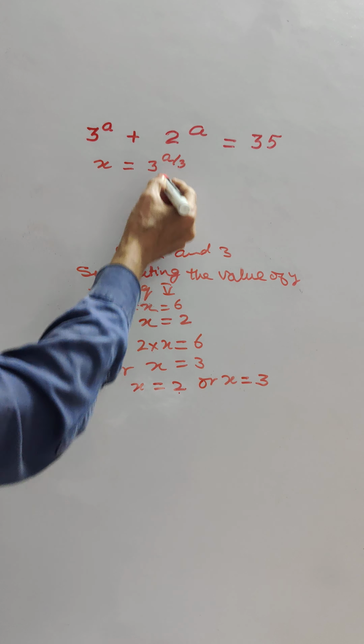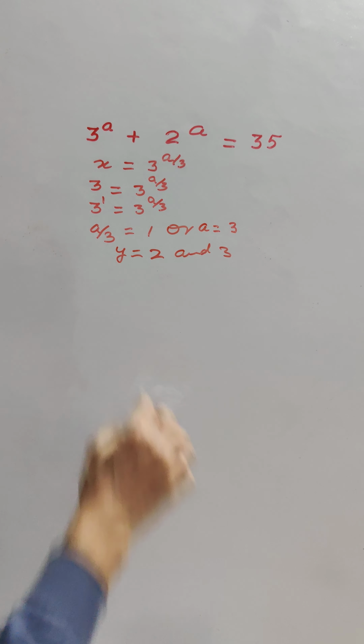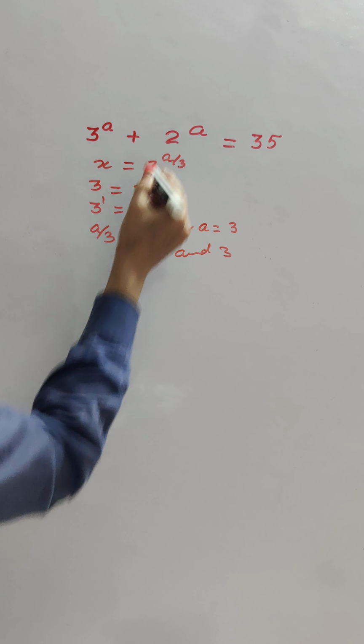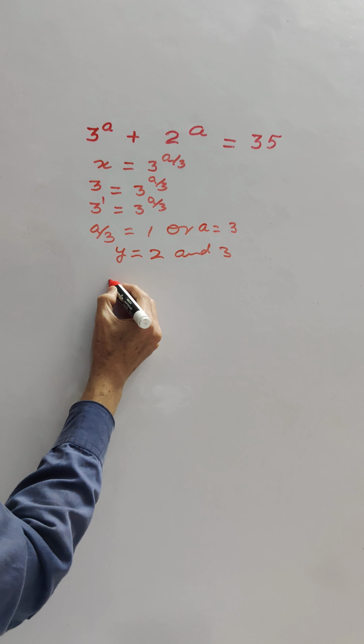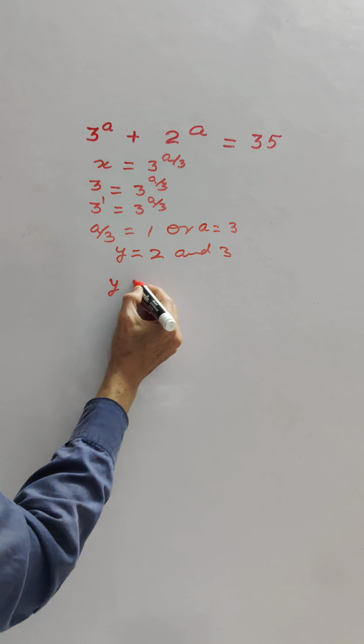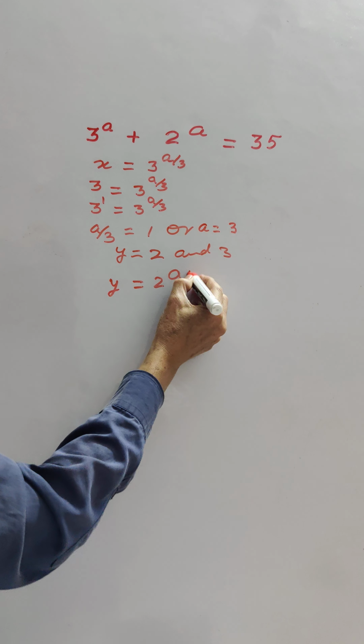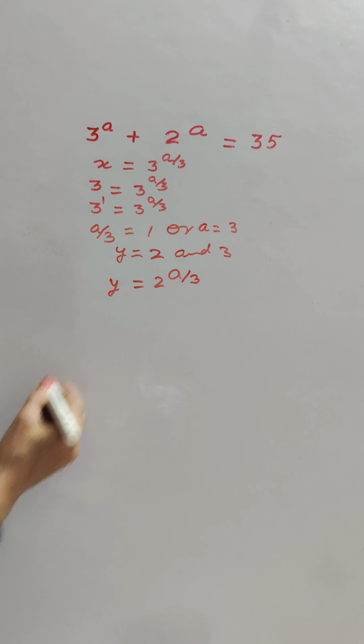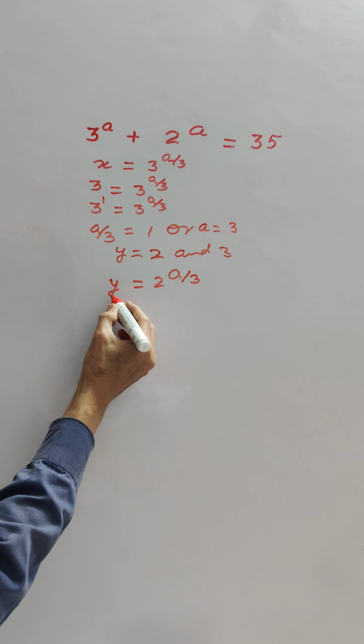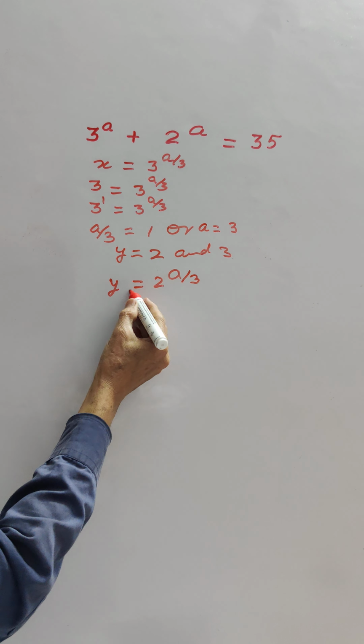Now we take y, the values of y as 2 as well as 3. If we take the value of y as 2, y was 2 power a upon 3. So this way, if we take 3, that will not work out.